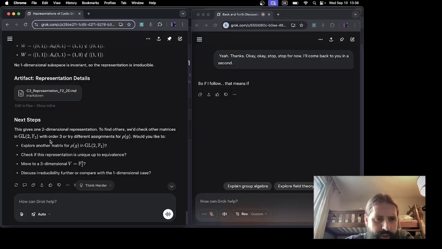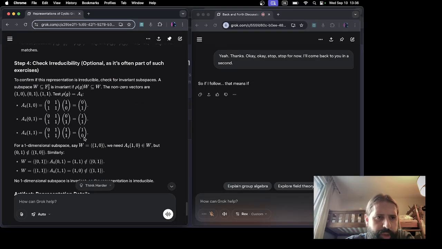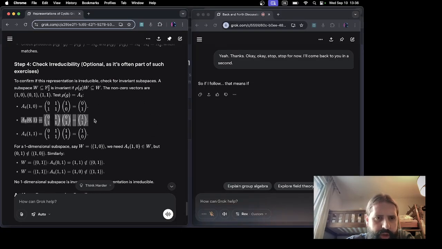So this gives one two-dimensional representation. To find others, we check other matrices in GL with order 3 or try different assignments. Would you like to explore another matrix? So we've picked actually one representation, A4.